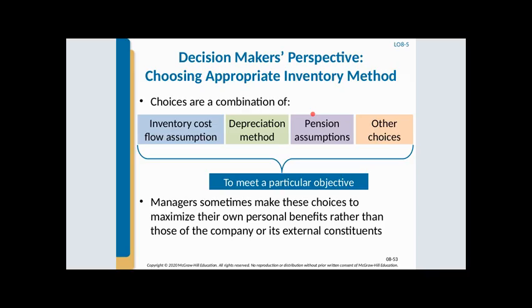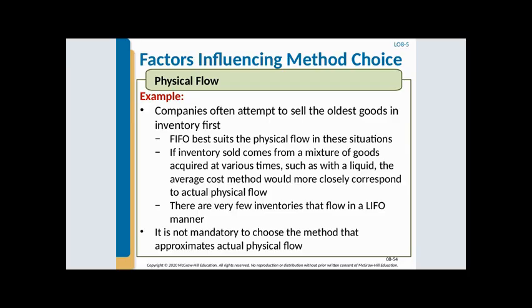This cost flow assumption has an impact on the financial statements, and therefore that impact is going to be assessed by managers. So it opens the door for a bit of manipulation, if you would. There are a lot of estimates reported on the financial statements, so we need to be careful about that.